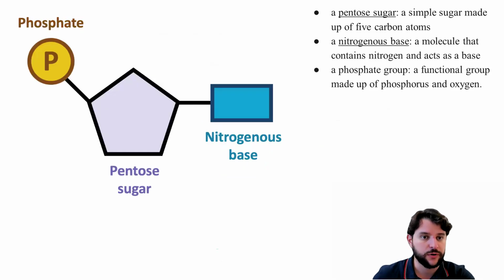So once again, we have phosphate, represented by the P, making a covalent bond with this carbon in the pentose sugar. This might be slightly different depending if you're talking about RNA or DNA. And then we have the nitrogenous base that is actually what differs from individual to individual.